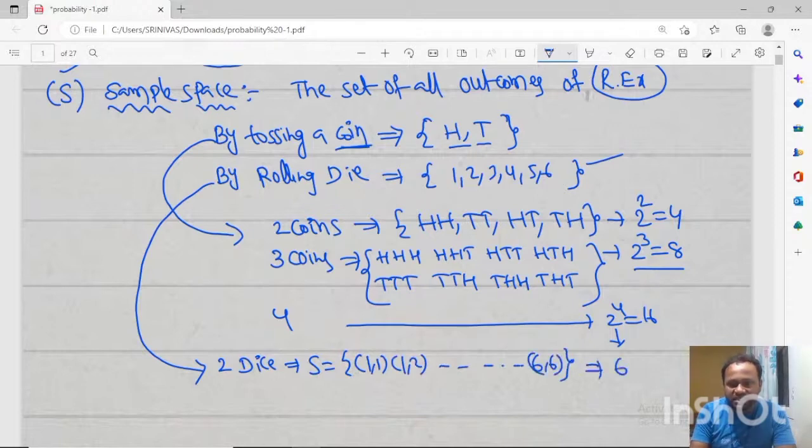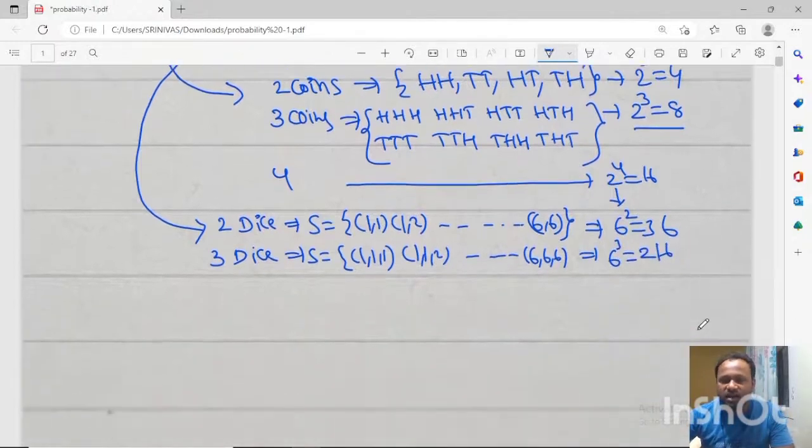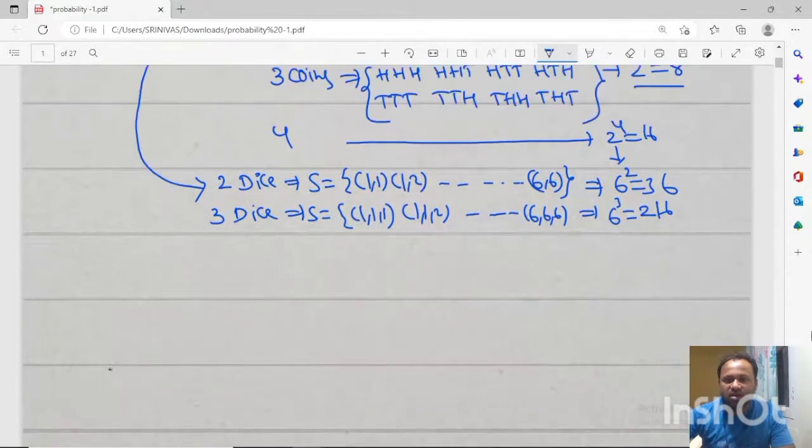Total 36 outcomes. If 3 dice are thrown, we get 1,1,1; 1,1,2; like that up to 6,6,6. Total 6 cube, which is 216. Total 216 outcomes we will have. So this is about sample space.